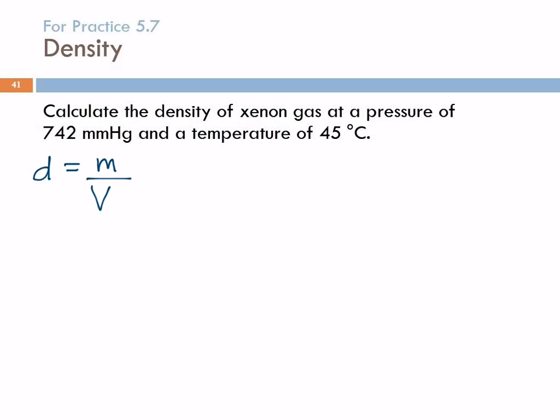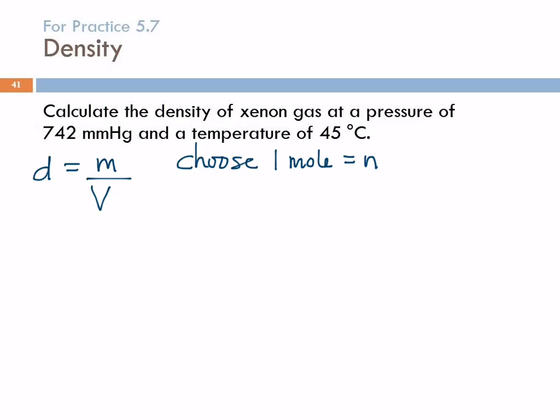I'm going to choose easy. I'm going to say, what if I had 1 mole of gas? Because then everything's going to be easier to figure out. So I'm just going to choose 1 mole. I can do that because the density of a gas is an intrinsic, an intensive property. It doesn't depend on how much you have.